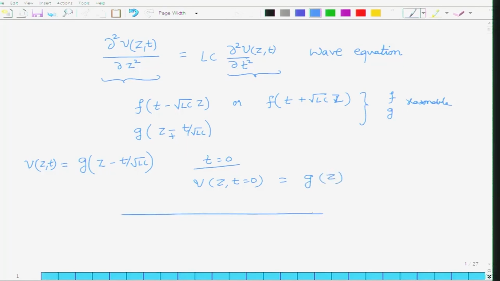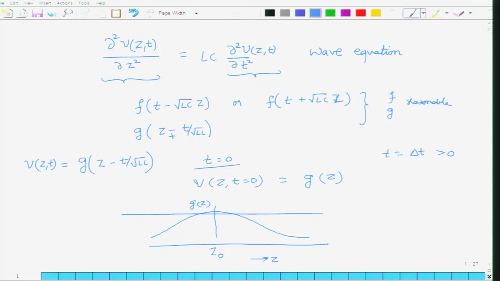If you actually have a transmission line in this way, and the Z axis is traveling in the direction that I have shown, then you can see that this function g of Z would be present along the transmission line. Let us say that the function g of Z is peaking at some arbitrary position Z0. Now, I will increase time from 0 to some additional time delta t, such that delta t is greater than 0.